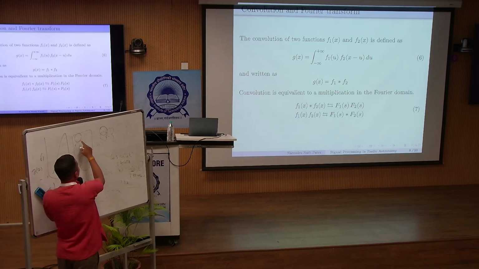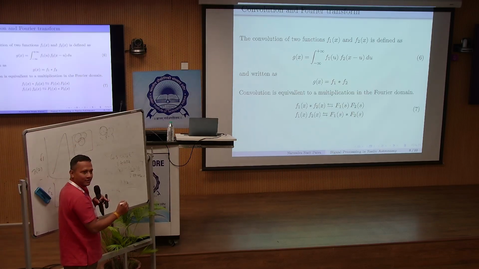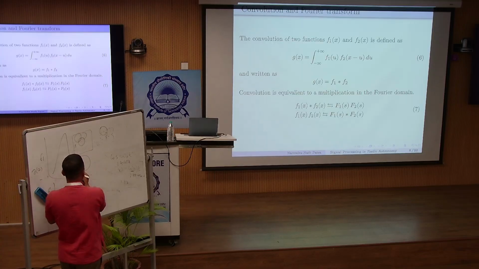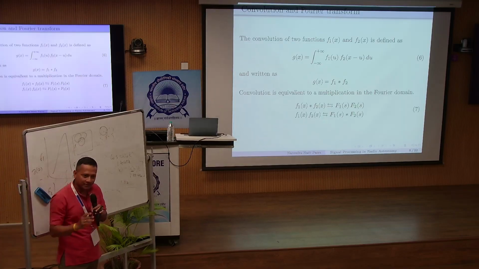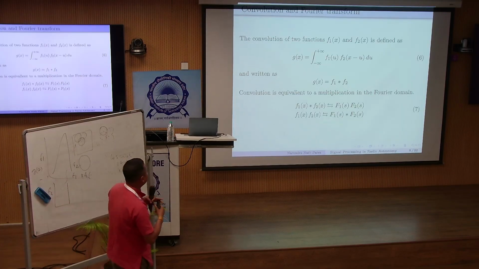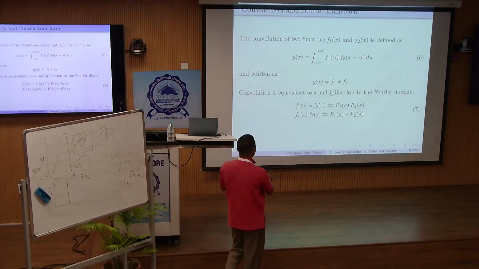So it will come over here, here, and here, right? Isn't it exactly convolution? f1 and f2 with some shift and integration. Just think of it, it is a convolution. So this is the mathematical description.